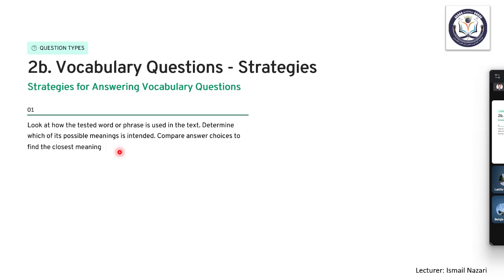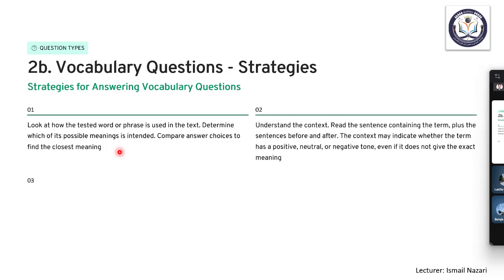Because in English, one word may be used differently based on the context. So we have to check which meaning is the best intended meaning. The second thing is understand again the context. Context is an important phenomenon in vocabulary questions.